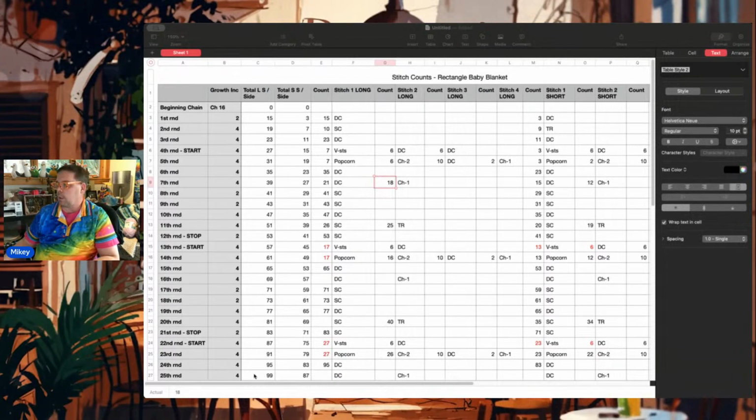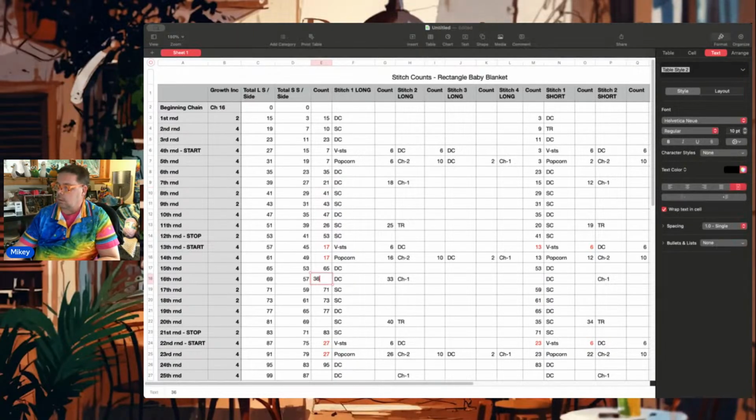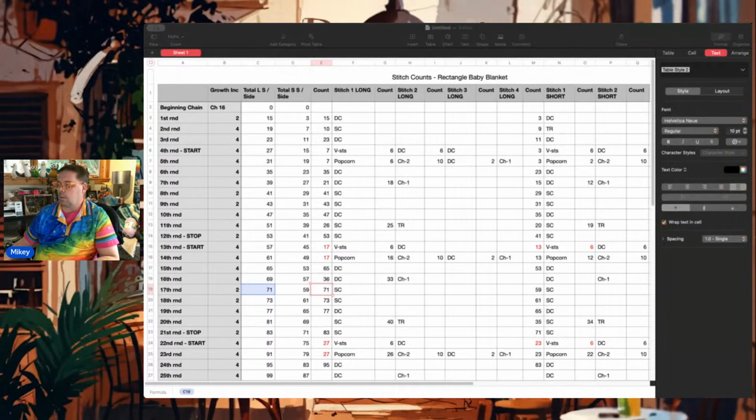Let's just put 33 in there and see what happens. 15 seems like it's a magic number. So 21 plus 15 equals 36. 36 plus 33. Holy cow, that works.